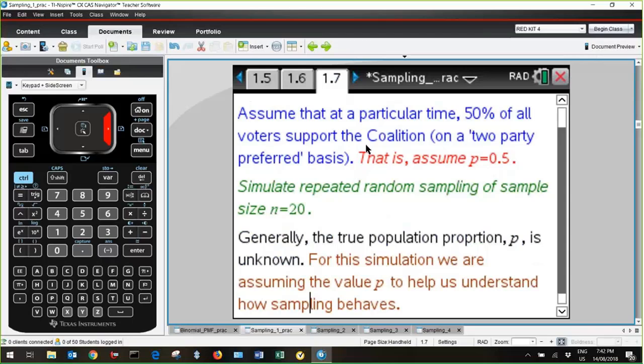So we're going to take lots and lots of surveys with n equals 20 each time, and p is 0.5. Now, of course, normally we wouldn't know the value of p. If we knew the value of p, we wouldn't have to run the survey or the poll. We're assuming it in this case to help us understand how it behaves.